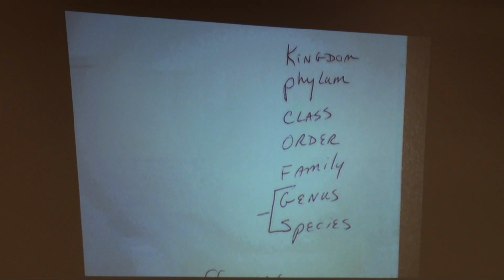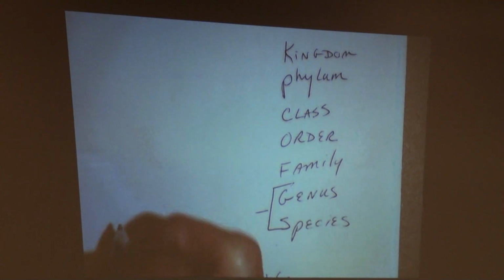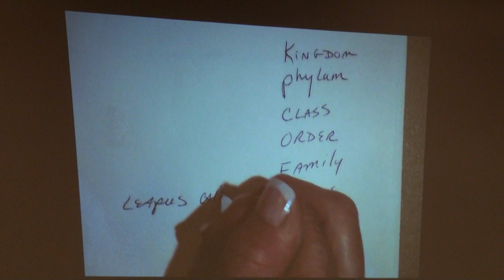We're Homo sapiens because we're modern men. The first men are called Homo sapiens. For example, Lepus californicus. You know them as jackrabbits.